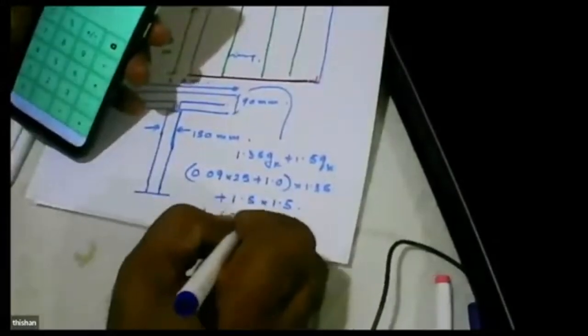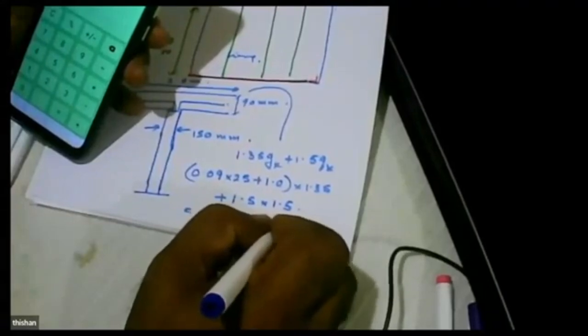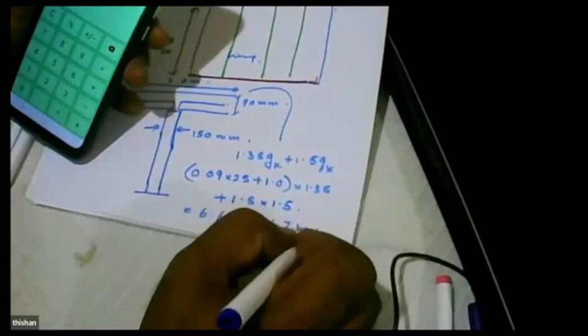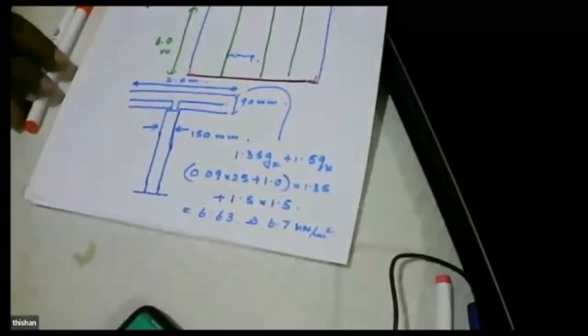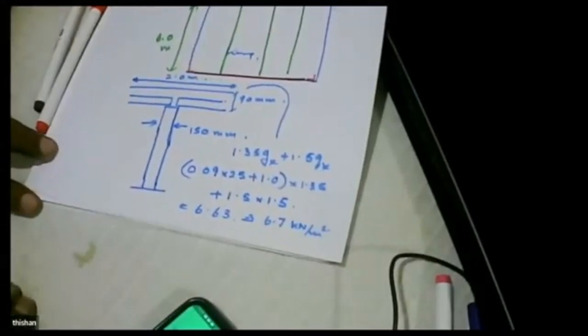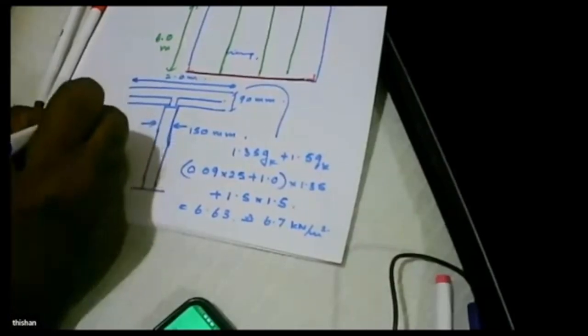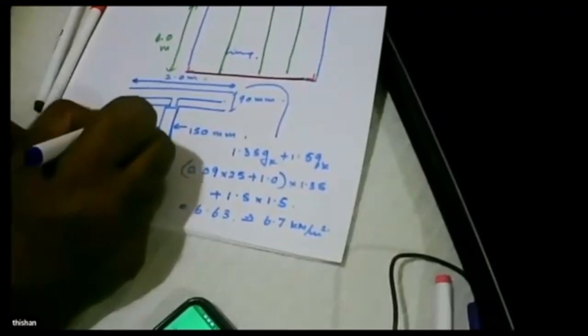So let's say it's approximately equal to 6.7 kilonewtons per meter. This is the load that is coming from the slab, and since we have a 2 meter width, the total load will be 2 times 6.7 kilonewtons per meter.